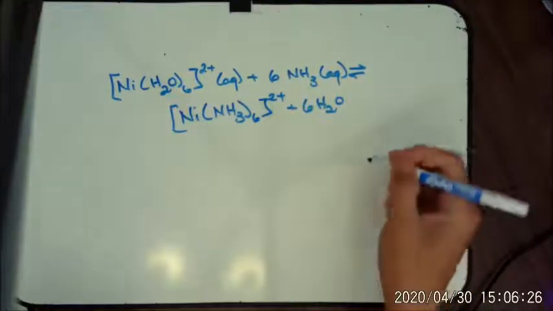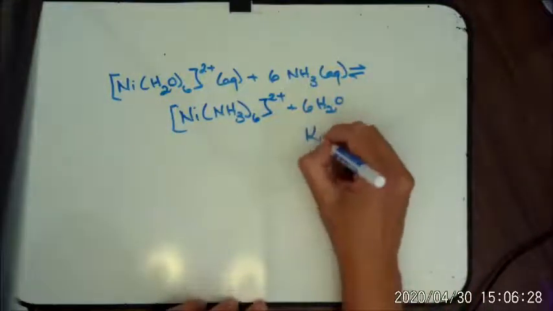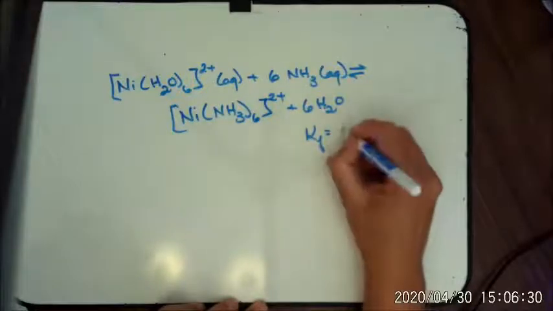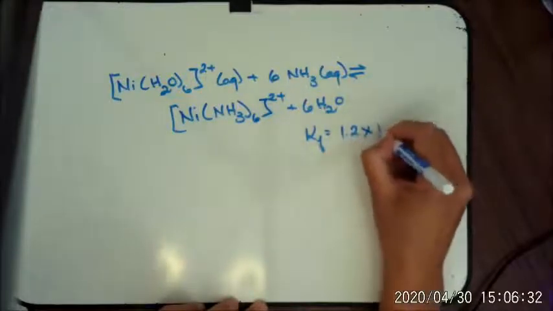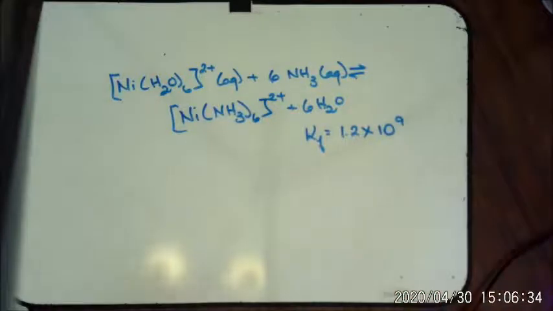Just so you know, the K formation, remember we were talking about formation complexes earlier, is 1.2 times 10 to the 9th.